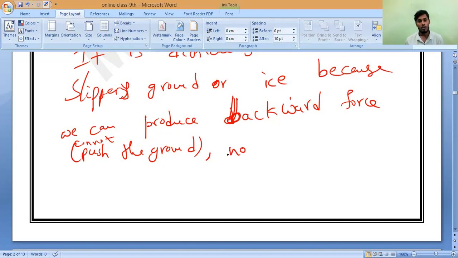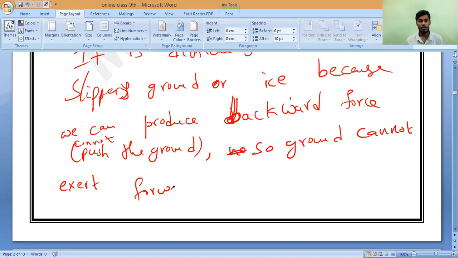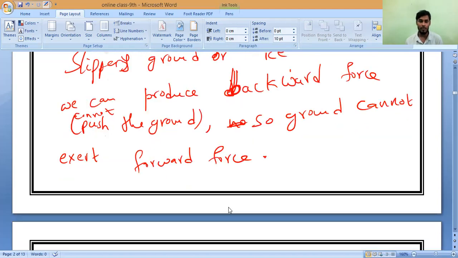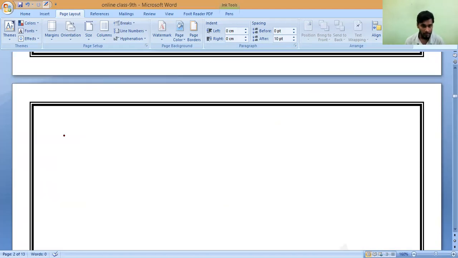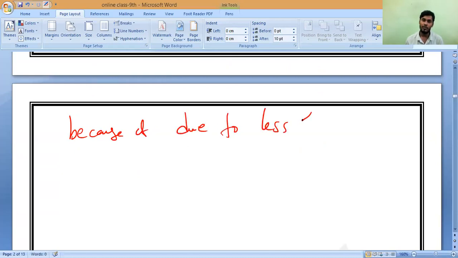So the ground also cannot exert a forward force. Why is this happening? Due to less friction. Do you understand, all of you?